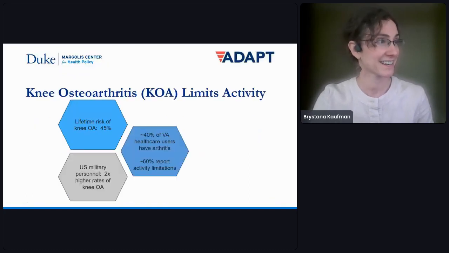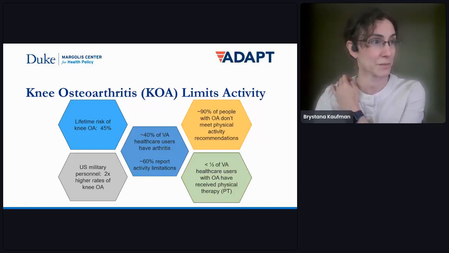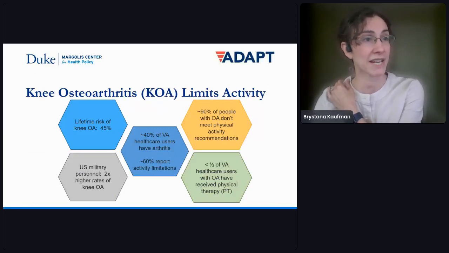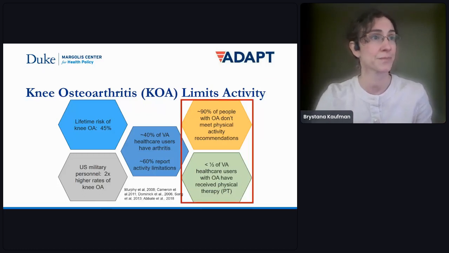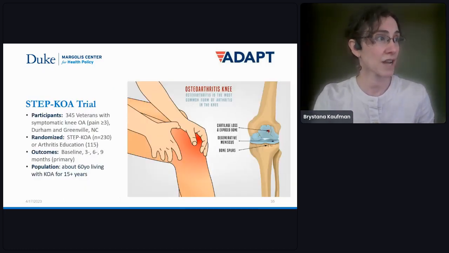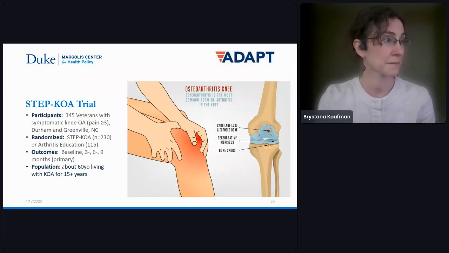This is background on people who have knee osteoarthritis and how important it is that they receive physical therapy to improve their function. And in this trial, we had 2 sites with 345 veterans who were symptomatic. And then we looked at outcomes at 3 months, 6, and 9 months. So this is a relatively short time period to assess outcomes.